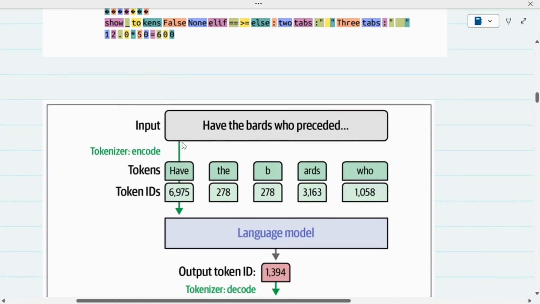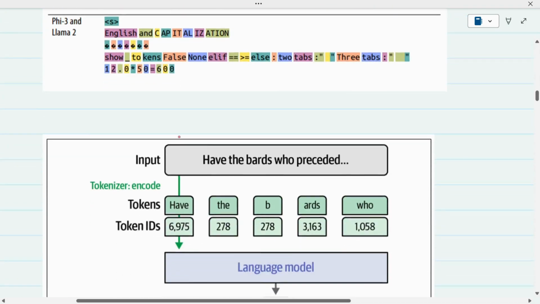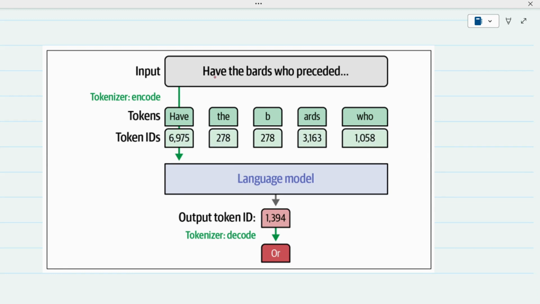So what does the tokenizer actually do? Here we have an input text. The tokenizer encodes each token of the text into token IDs, so each word or subword is converted into a token ID. A number is given to them, and then we pass those token IDs to the language model. Then the model processes the input numbers, these token IDs, and generates another token ID.